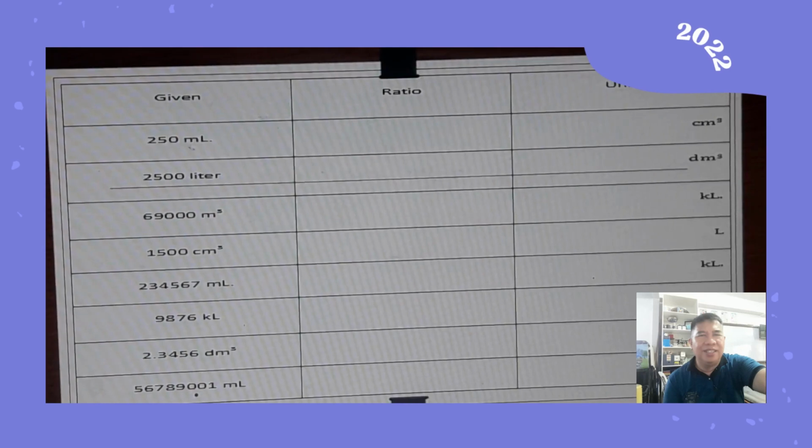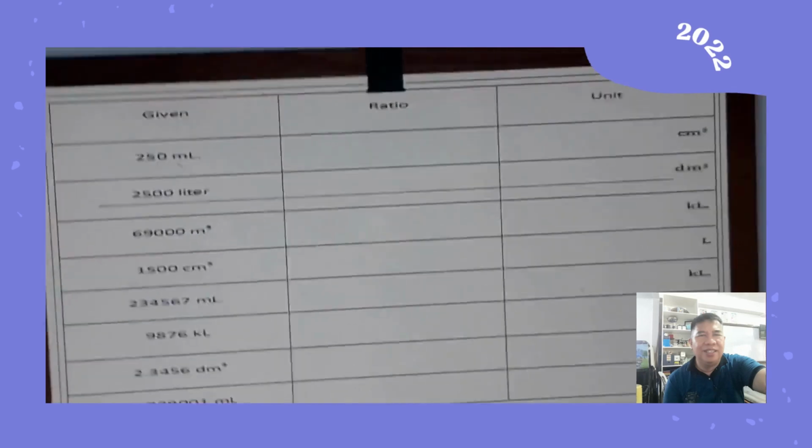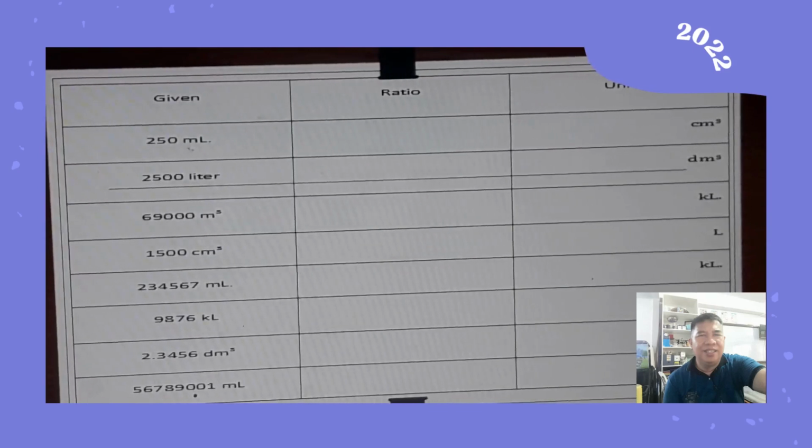The third one is 69,000 cubic meters to be converted into kiloliter.